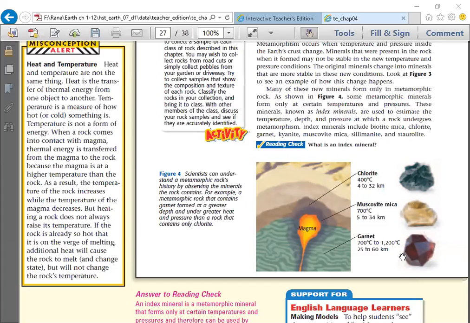For example, at 60 kilometers, the temperature would be between 700 and 1200 degrees Celsius. So that gives us an expectation about the temperature. Of course, we cannot easily measure this temperature down in the earth, so this is a simple way to figure out what the earth looks like deep underground.